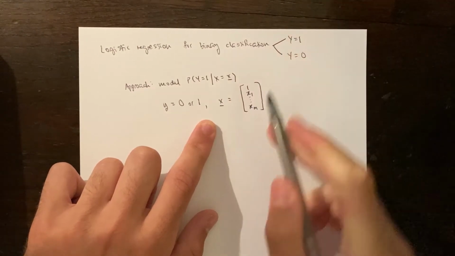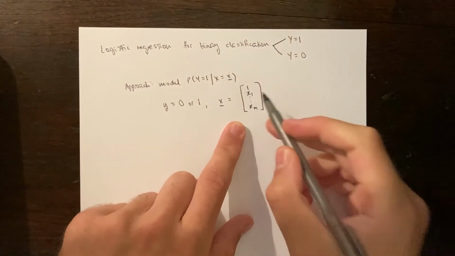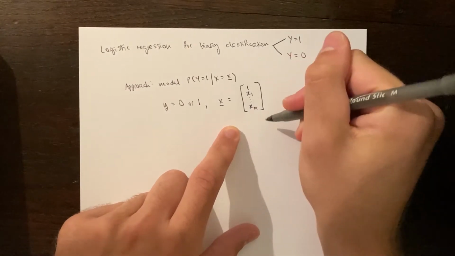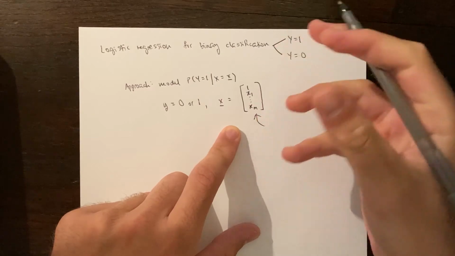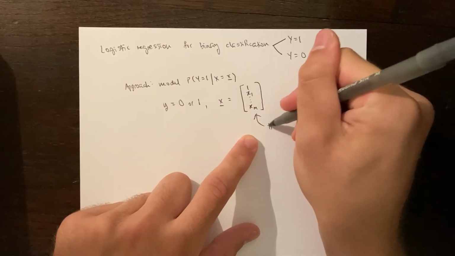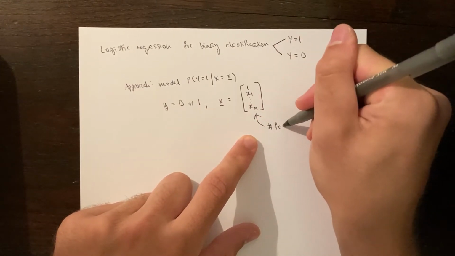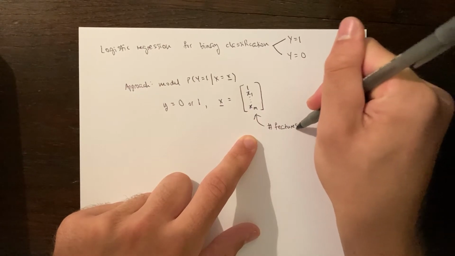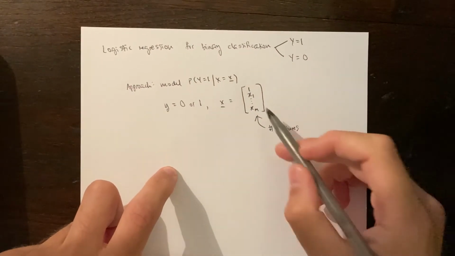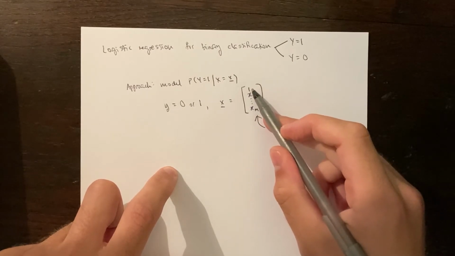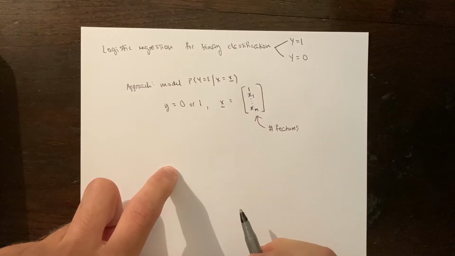So it's a vector of m plus 1 elements, and the m indicates that we have m different pieces of information and m different numbers or features that describe something about the vector x. And it'll become clear later why we include 1 as the first element of this vector.